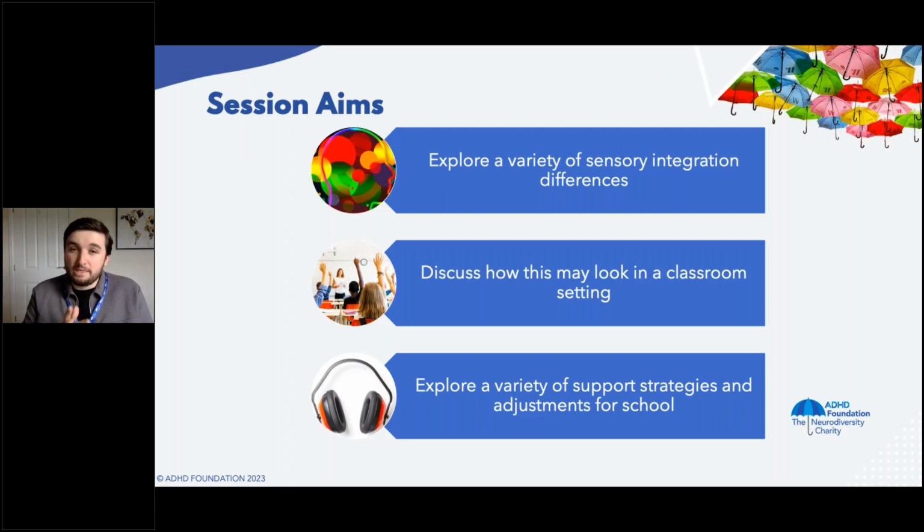Then we're going to look at how this can present in a classroom setting, what it might look like for us as educational professionals, and some of the challenges that come with that. And then look at loads of support strategies and adjustments that we can provide to really support these children and young people with sensory differences.